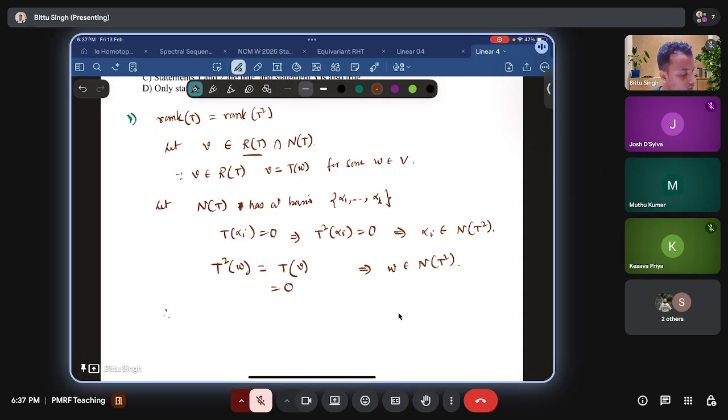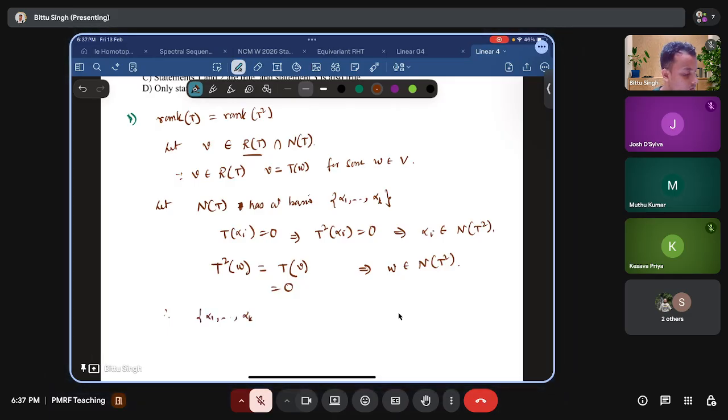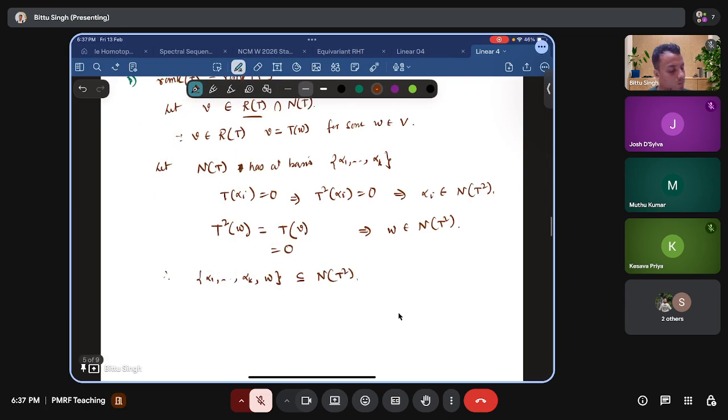So we are getting those alpha 1 up to alpha k and W, this is a subset of the null space of T square, but those are also linearly independent.